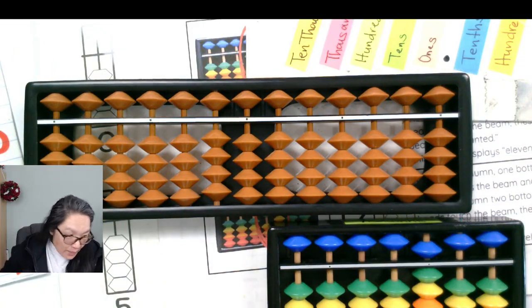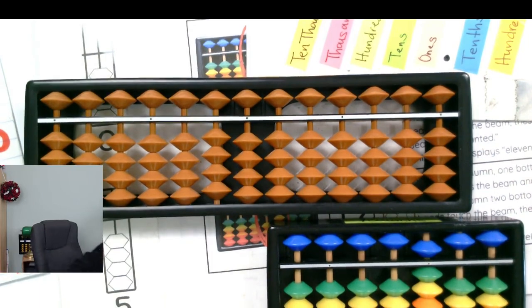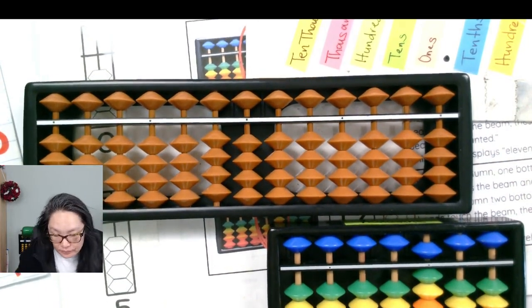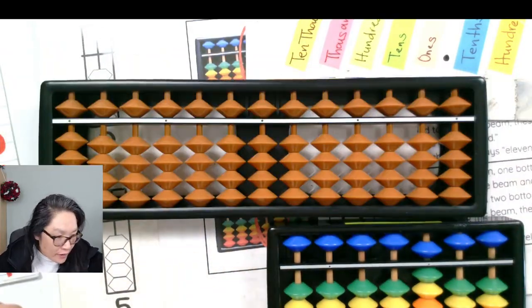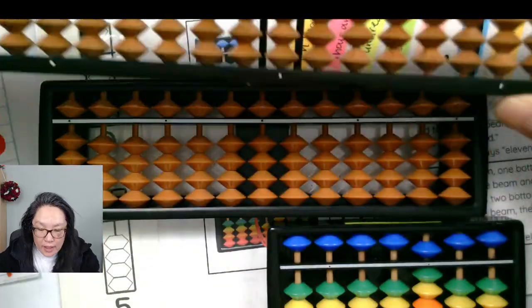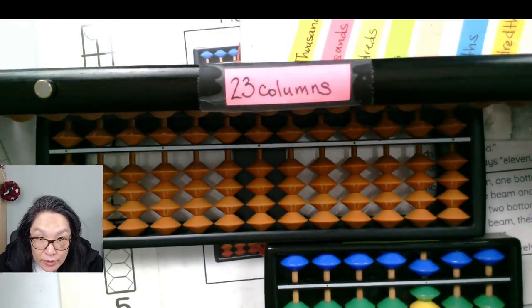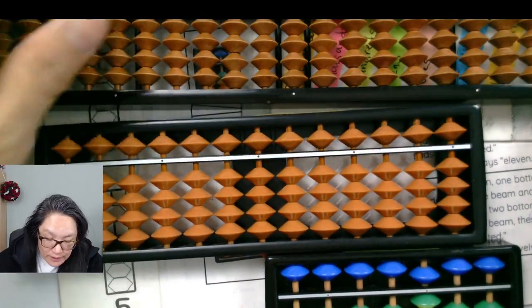But what happens if you want to track the national debt? Well, 13 columns is not enough for the national debt, right? So you would have to upgrade, and because size matters, you would have to go to 23 columns. With 23 columns, you'll be able to track the national debt with no problem.